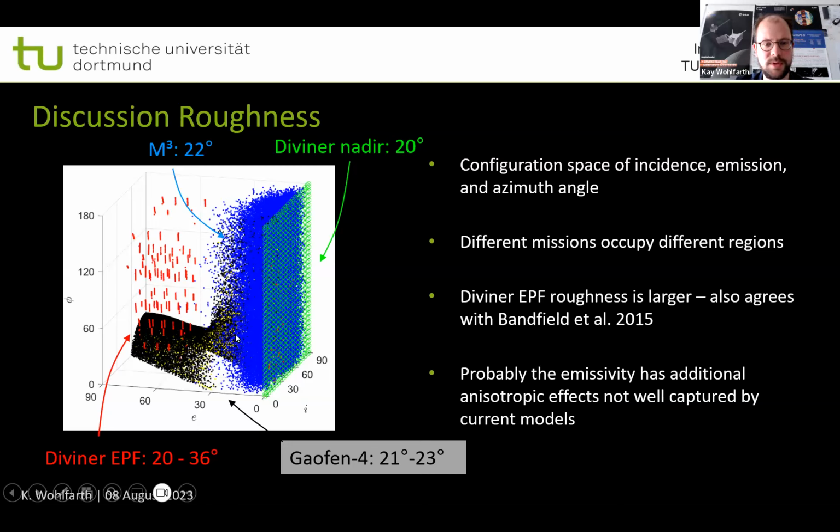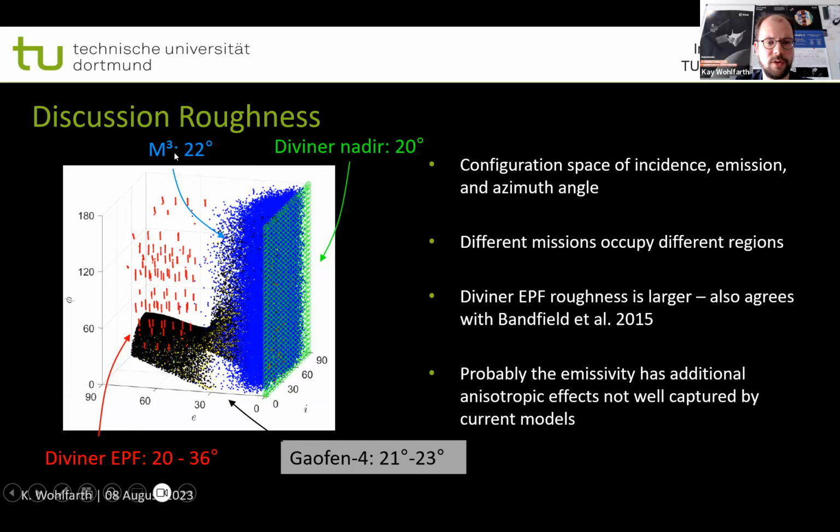These measurements here tend to be more consistent with 20 degrees. So the M-cube is sandwiched between the Diviner measurements with best fit around 20-degree roughness, and the other data in black, which is around 21 to 23, and the black points also extend into this direction. M-cube seems to be sandwiched between these two data sets.